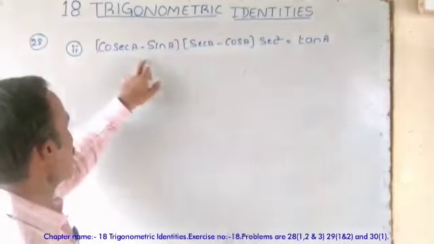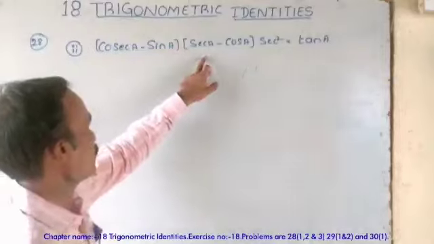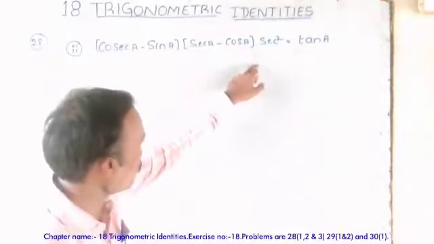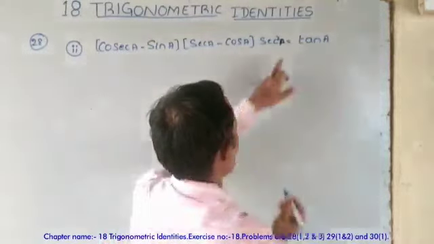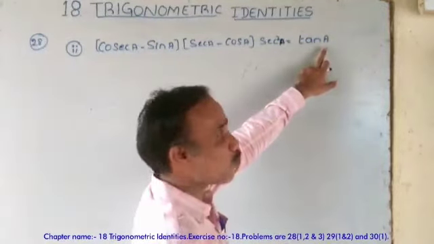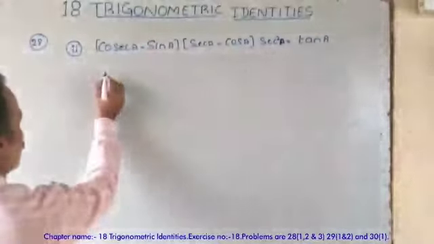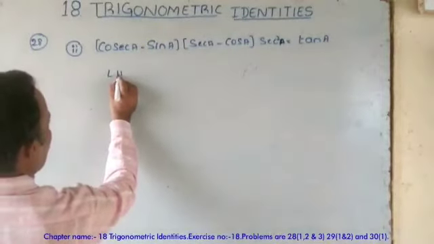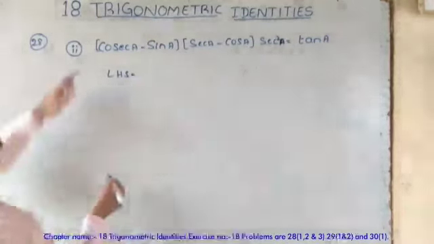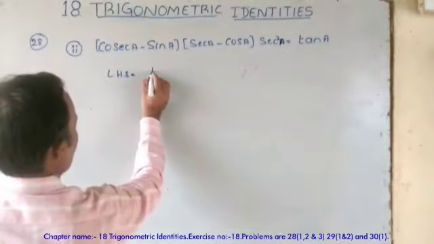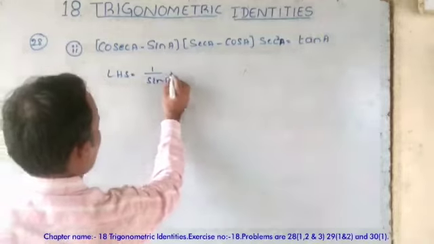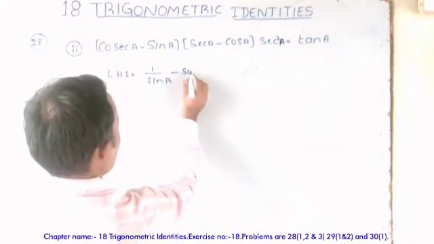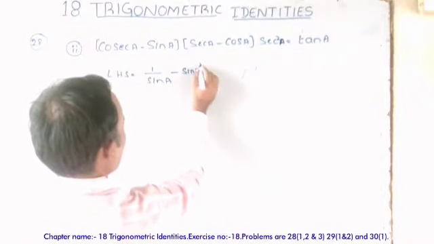Second one: (cosecant A minus sin A) into (secant A minus cos A) into secant square A. We have to show this value is equal to tan A. So LHS, directly I will start. Cosecant A can be written as 1 by sin A minus sin A as it is.